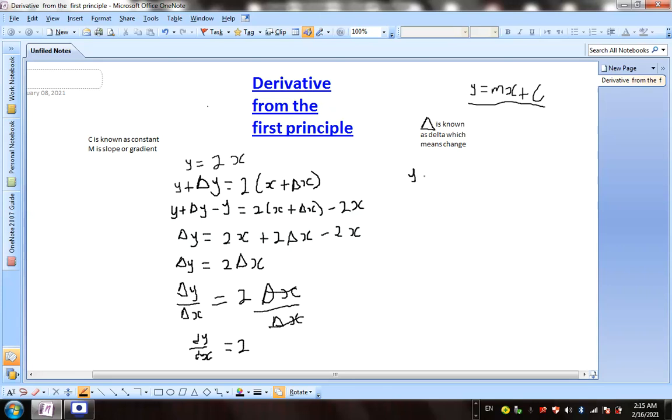So normally when we have y is equal to mx plus c, and we have y is equal to 2x, c is equal to 0 and our m is equal to 2. Now let's continue.